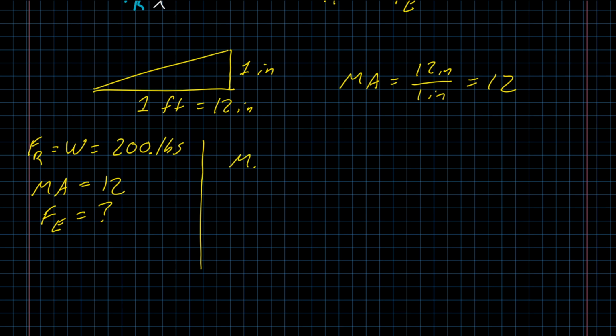Well, mechanical advantage is resistive force divided by effort force. Rearranging that, we get that effort force is resistive force divided by mechanical advantage. Plug in what we know.